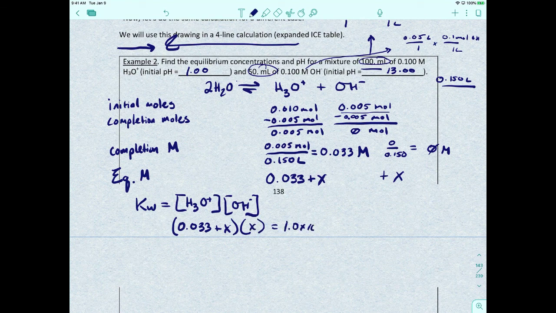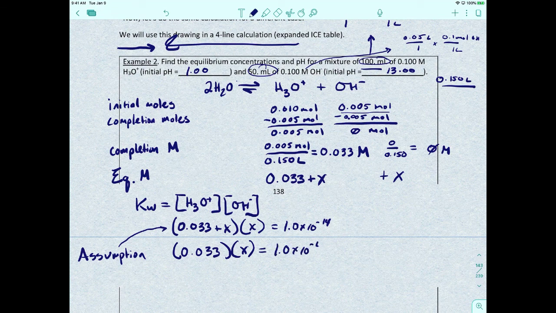This is equal to 1.0 times 10 to the minus 14th. At this point, we're going to use the assumption. Whatever X comes out to be, it's not going to be enough to change that 0.033 molar all that much. So 0.033 plus X becomes 0.033. We still have X for the hydroxide, so we carry that, and this equals 1.0 times 10 to the minus 14th.